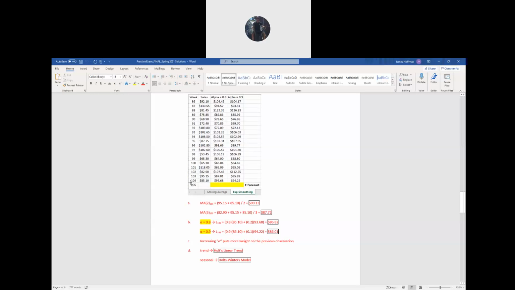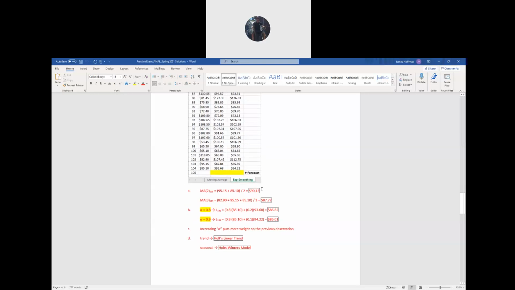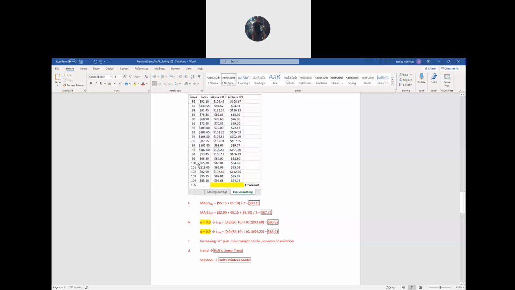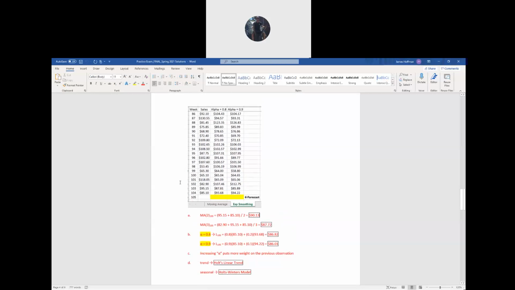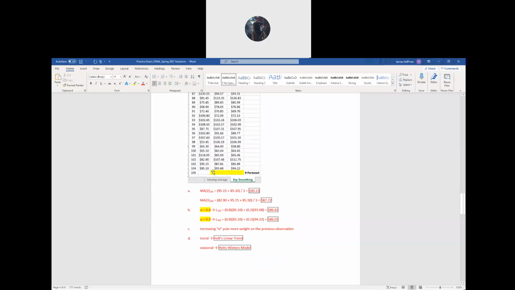Okay, so you're basically just looking at the week 104 row, but make sure you put the alpha on the appropriate sales data and the 1 minus alpha times the appropriate forecast column. And you can see that they're all a little bit different, but they're all in the 90s and 80s. So make sure that your answers are in the correct realm, something like 80, 90, 100.